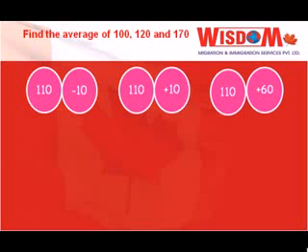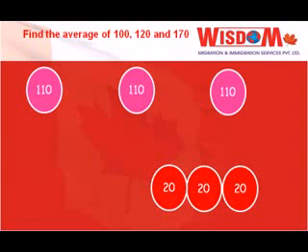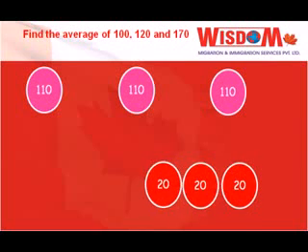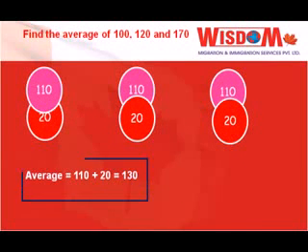Adding up all the deviations, I'm getting a total deviation of positive 60, because 60 plus 10 and minus 10 is plus 60. Now this plus 60 has to be divided among these 3 members, 110, 110 and 110. So sharing the 60 among 3 members, I would be giving 20, 20, 20 to each of the members, which would mean that the average would be 110 plus 20, that is 130.